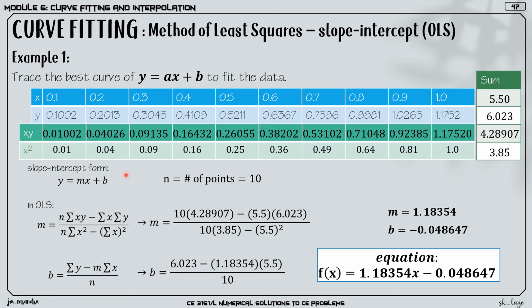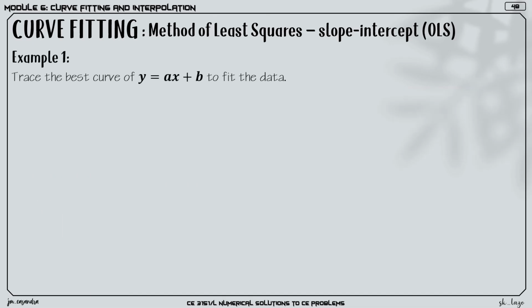So the equation now that would best fit our data is f of x is equal to 1.18354x minus 0.48647. And if you're going to notice, this is exactly the same equation that we have solved using the system of equations. So another example for the slope-intercept or the OLS.